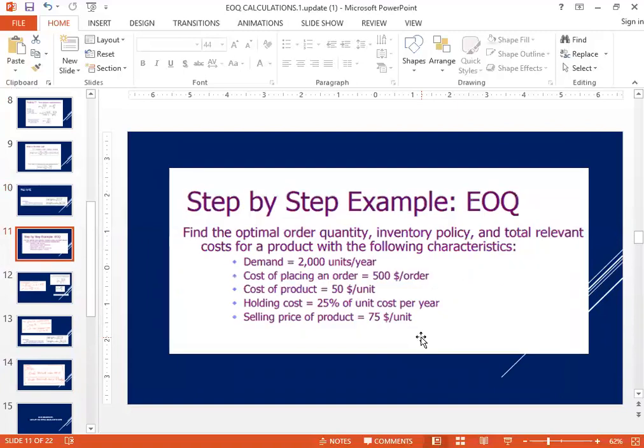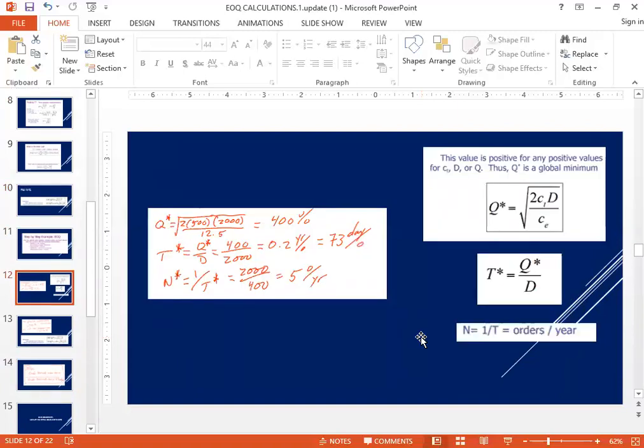Those are the key things that I really would like you to focus on, not so much on the sensitivity. I would like you to have a basic working knowledge about how the sensitivities work, and that you can calculate sensitivities of EOQ and their impact on total relevant cost. But that's not what I want you to emphasize.